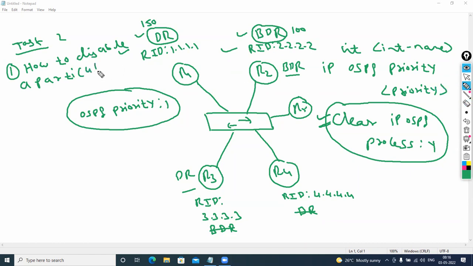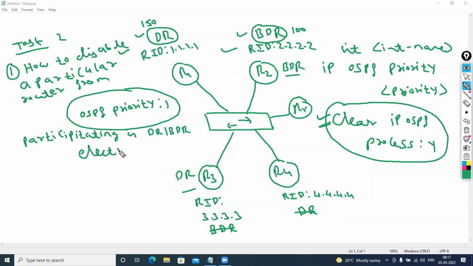Any idea? If you don't have an idea, please Google it. You'll get the answer. Yes, tell me. We can make the priority 0. Very good. So a router with priority 0 does not participate in DR BDR election.